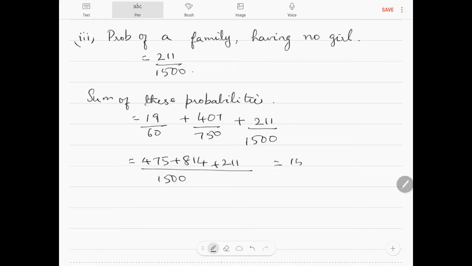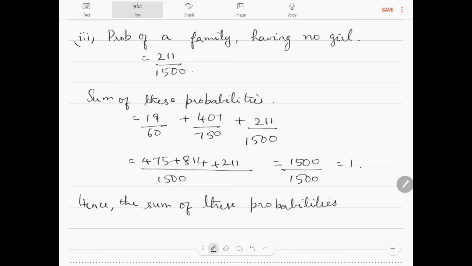It comes to 1500 by 1500, which is equal to 1. Hence, the sum of these probabilities is checked.